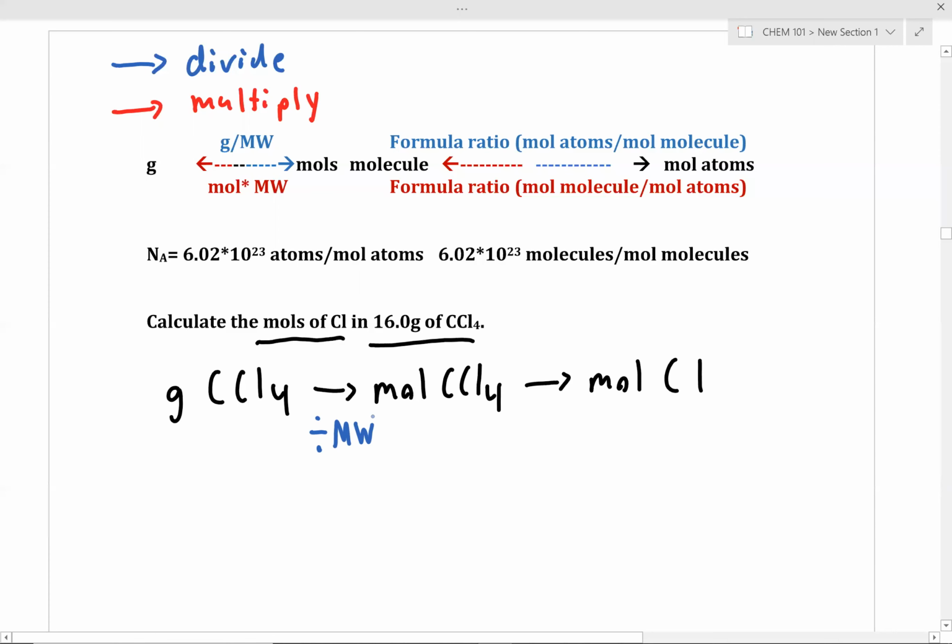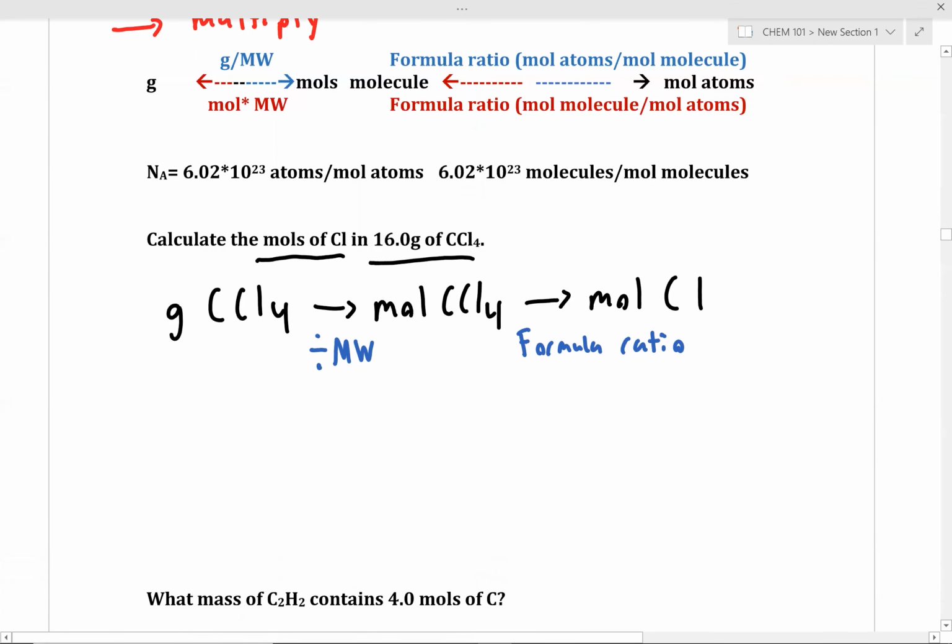Now, if we're going from moles of carbon tetrachloride to moles of chlorine, we are going to need to use our formula ratio. The formula ratio isn't as cut and dry since there are many ways of writing it, so for that we're going to have to use straightforward unit analysis.